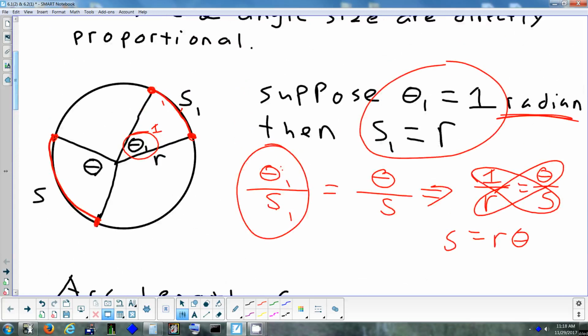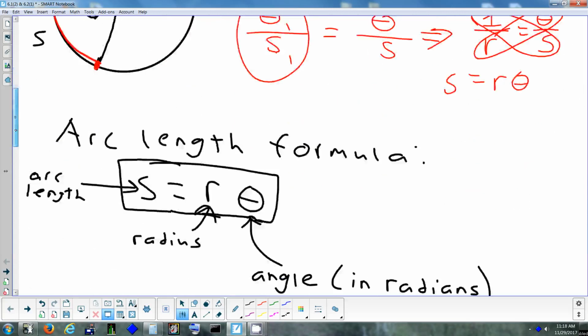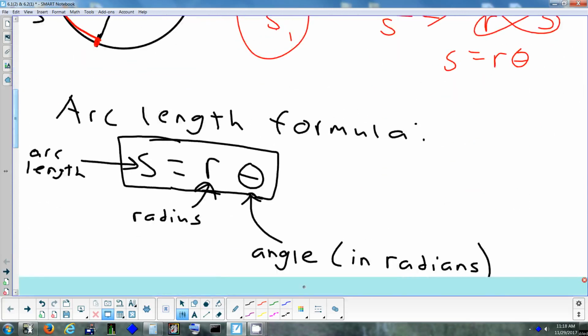Radian. So we assumed we were working in radians. That means if you use this formula, you have to use your angle in radians. If you plug degrees into that formula, it will come out wrong.